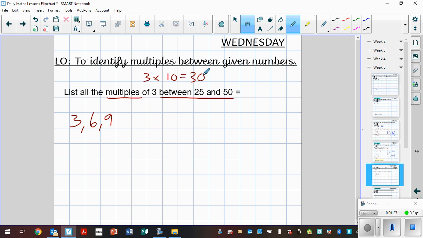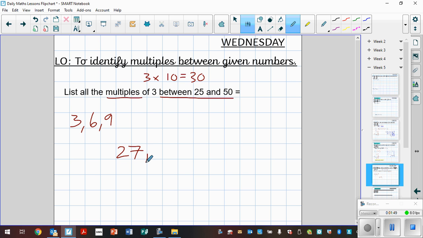Now that's too high. So if I subtracted 3 off of that, I would get 27. If I subtracted another 3 off of that, I would get 24, which is below 25. So 24 wouldn't be, but 27 would be my first multiple of 3 between 25 and 50.